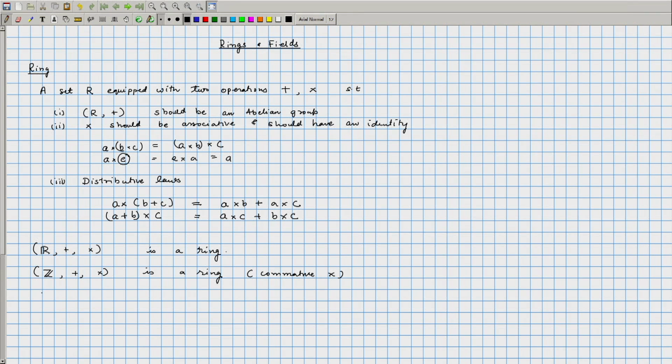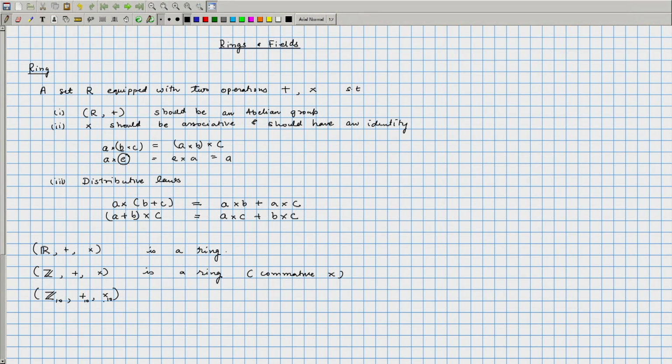Let us look at another ring. If you look at the set of numbers modulo 10, the operations are mod 10 operations. Now the addition is mod 10 addition, and the multiplication is mod 10 multiplication. You can verify that this is a ring, because addition is associative, there is a multiplicative identity, the multiplication is associative and the distributive laws hold.